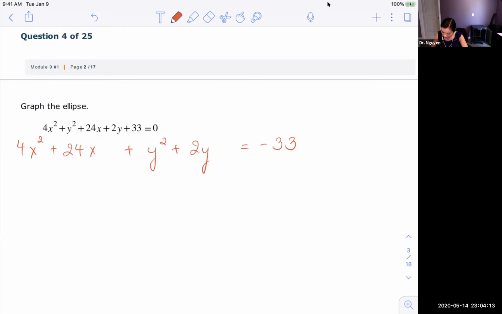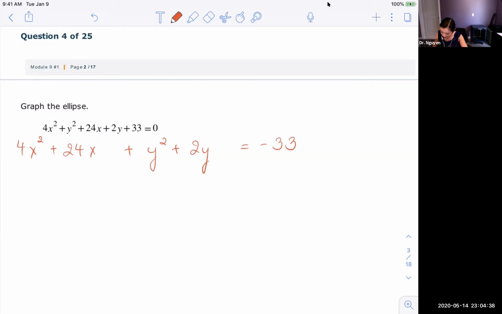So now we are ready to factor. Square plus y plus 1 squared. So now when I simplify this, I'm going to end up with 4. Okay. We cannot have 4, right? We need to get 1.